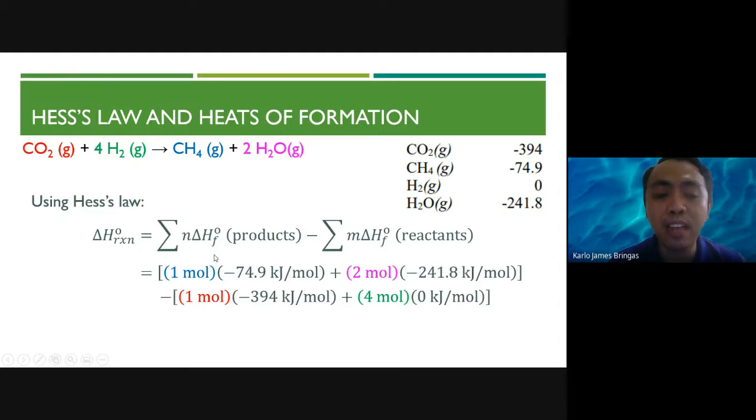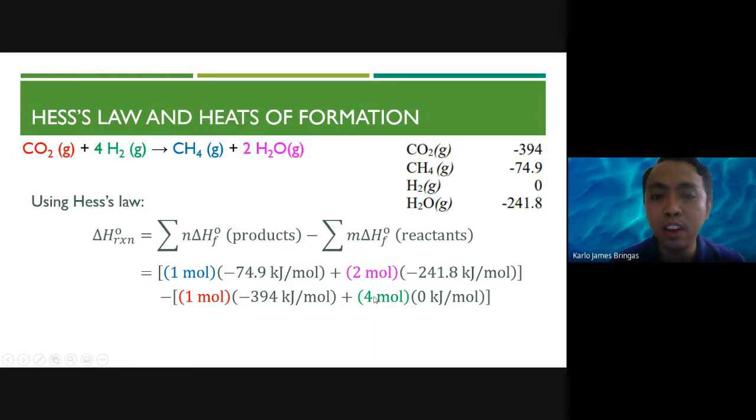para sa ating reactants. So sa CO2, same process pa rin. We just have to look at the coefficient ng CO2, which is 1 in here. So that's 1 mole times the heat of formation ng CO2 na negative 394. Plus, for the hydrogen, it has a coefficient of 4 moles.